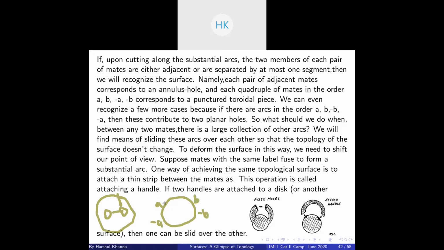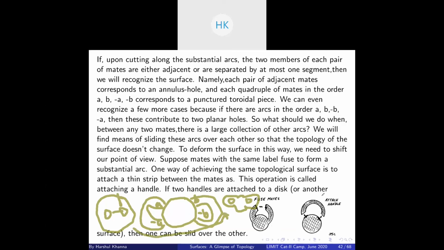Now, when we paste it back, we just have to paste handles back, right? So we will get again the same surface as before. So we get this surface, which is again the same surface we started with, right?